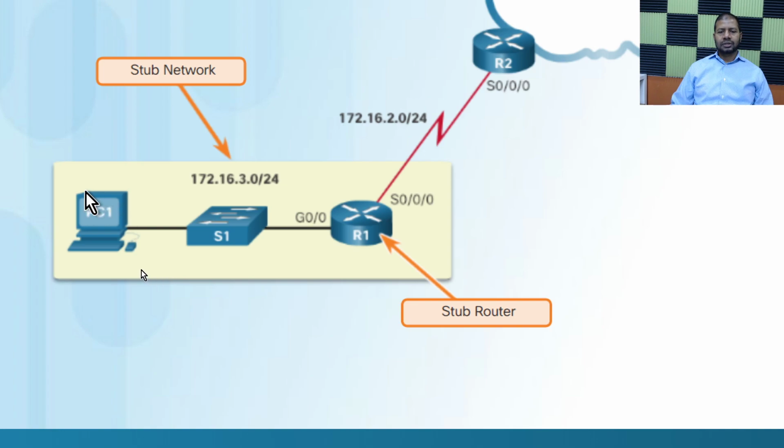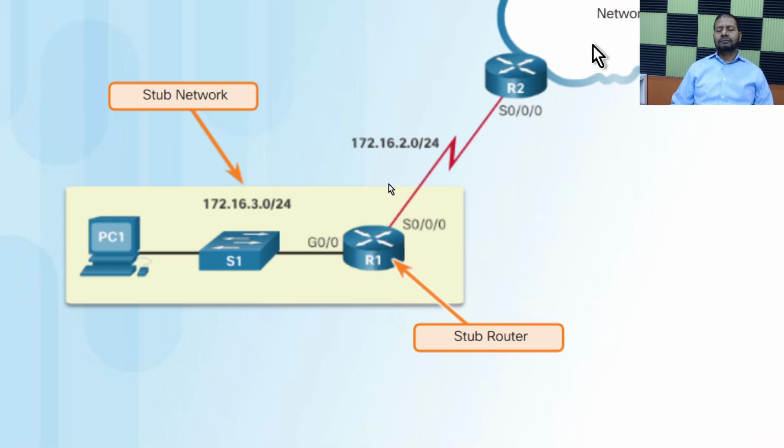To reach this particular network, 172.16.3.0, no matter who from where in the world wants to send data to this network, it has to go through this R1. There is no other path in the world. So the data has to eventually come to R1 in order to go into this network. So this particular network is taken care of by only one router, that is called a stub router.